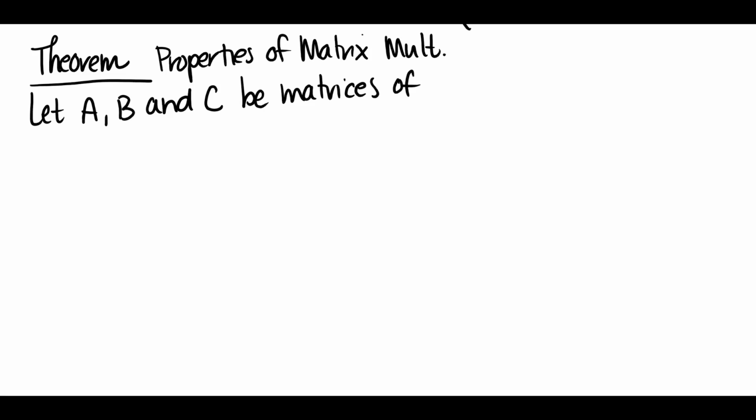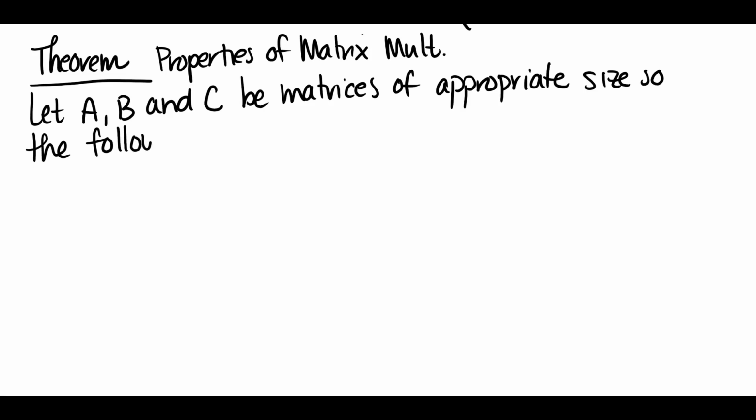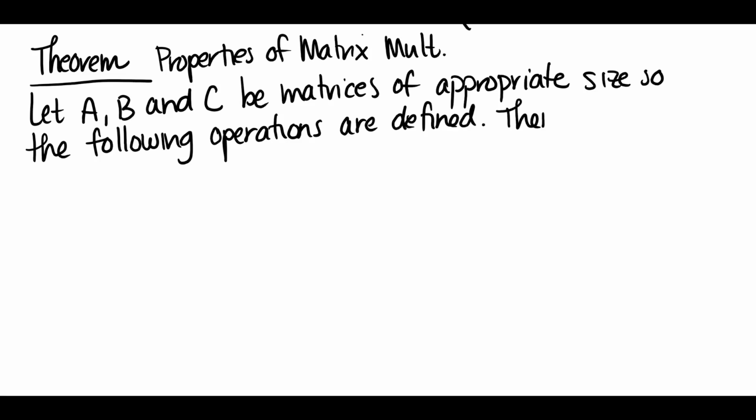A lot of books actually force them to be specific sizes, like an N by R, an M by R, or whatever. But I kind of like this, of appropriate size, so that the following operations are defined. Okay. So if that's true, then here are some properties of matrix multiplication that we know.